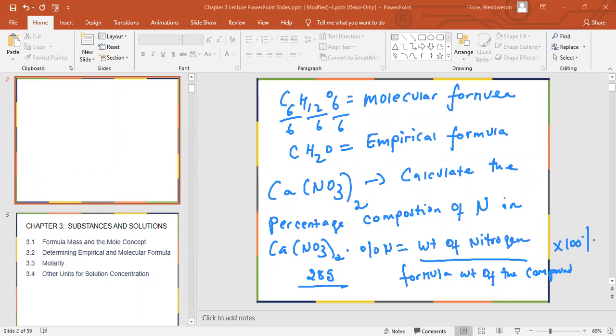Can we calculate together the formula weight of calcium nitrate? Calcium is 40. Nitrogen is 28. Oxygen: you have 6 atoms of oxygen, 6 times 16.